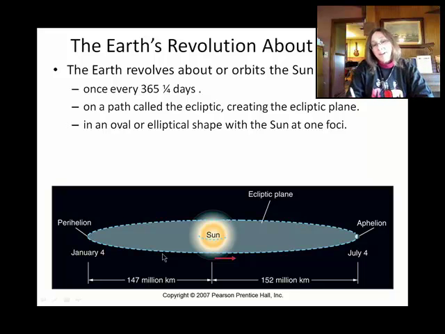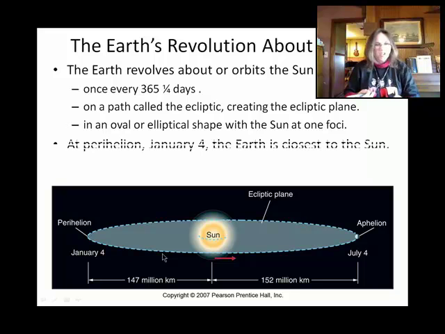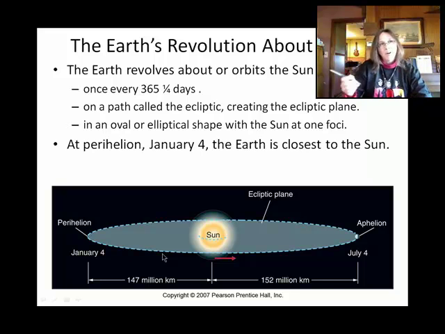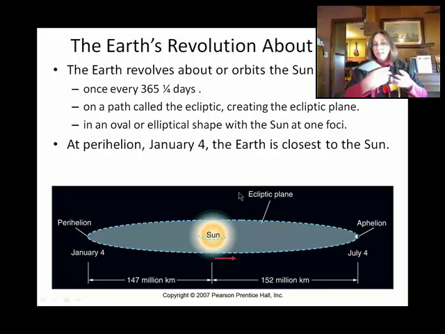And the Sun is located at a specific point in an ellipse called one of the ellipse's foci, which is a little bit off from the center of the oval. And so at some point in Earth's orbit we are closer to the Sun, and at some point we're further away from the Sun.